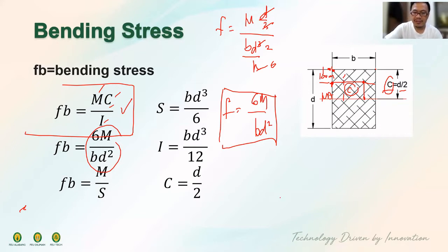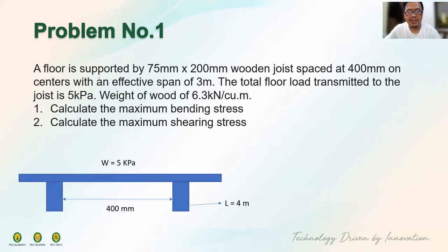Okay? So anyway, start. So for example here, a floor is supported by 75 millimeter by 200 millimeter wooden joists, spaced at 400 millimeter on centers with an effective span of 3 meters.